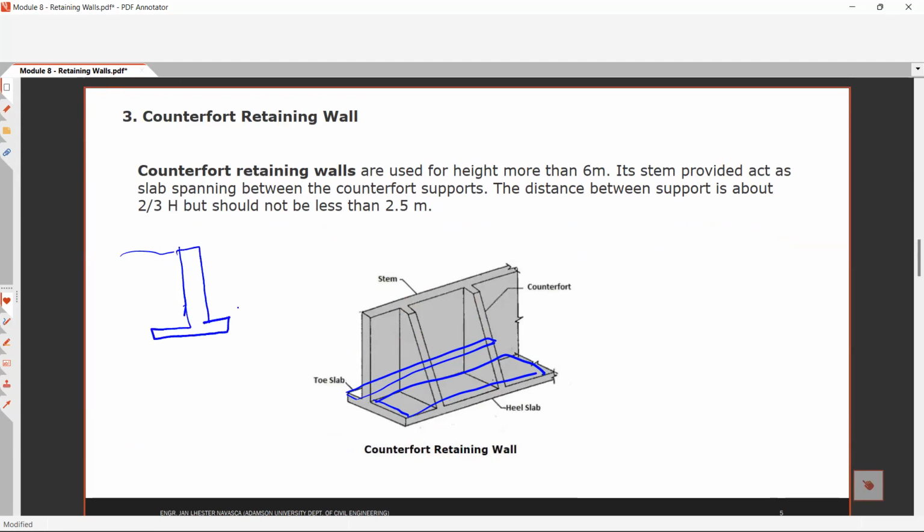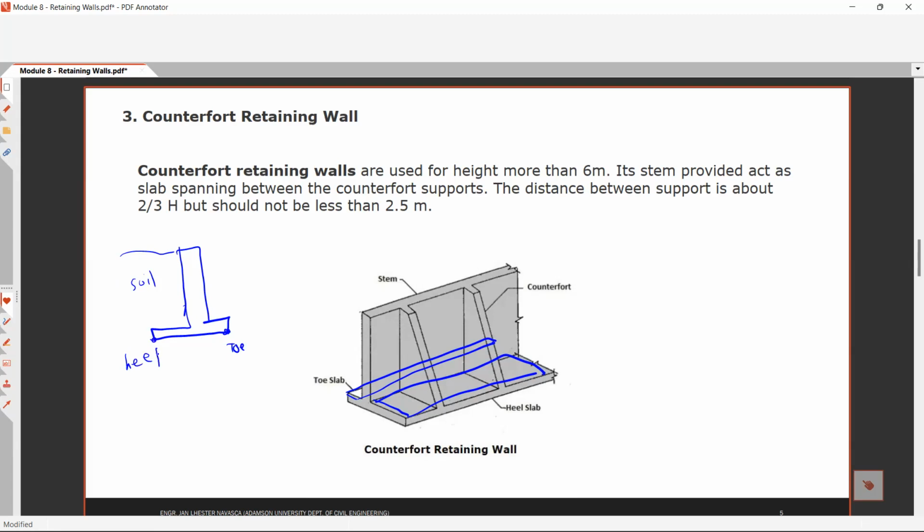Yan. Okay, kung nandito yung soil mo, syempre dito magta-topple over yan. Okay, sorry, it should be this one. Ito yung toe, sorry, this one is your toe, and this one is your heel.